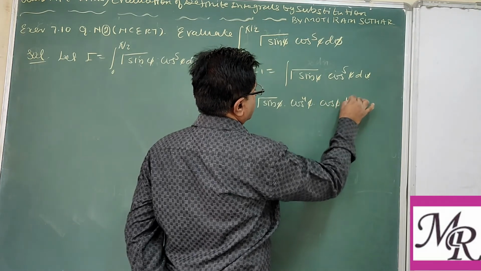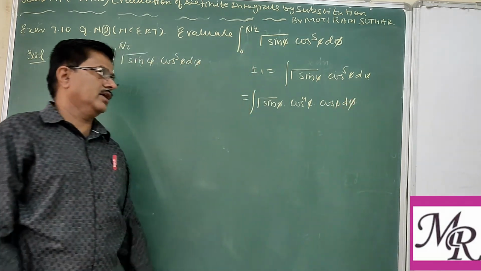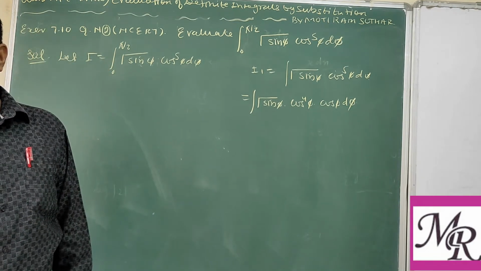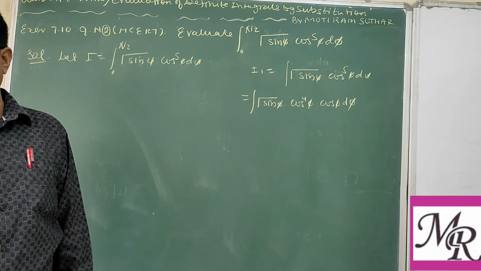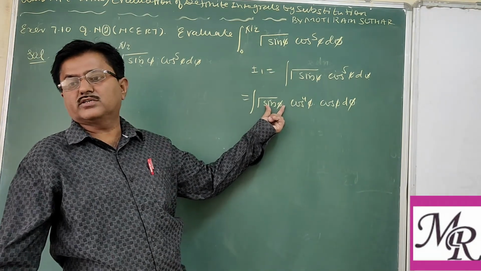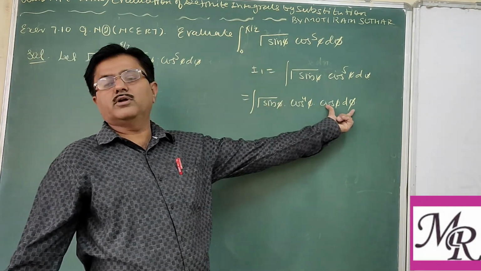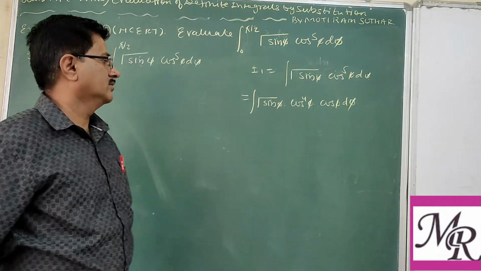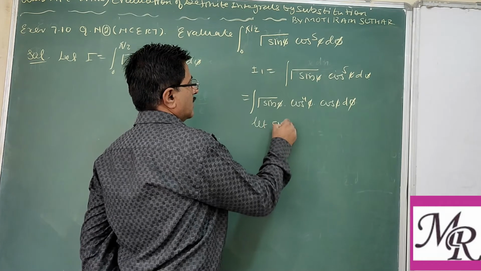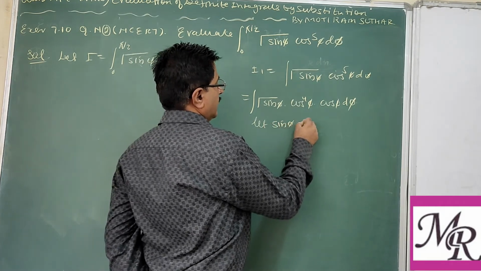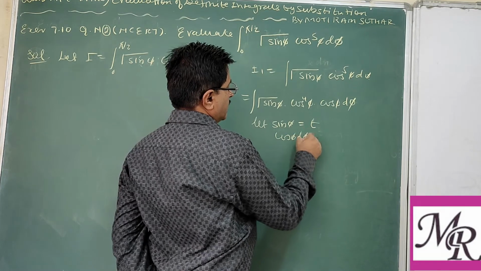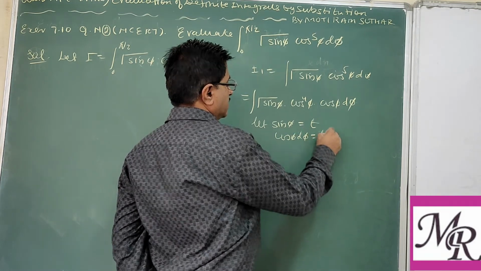Why are we breaking cos power 5 into two parts? Because inside the root there is a sin, and its derivative is cos, so we need that one. So we put sin phi as t, so its derivative cos phi d phi is dt.